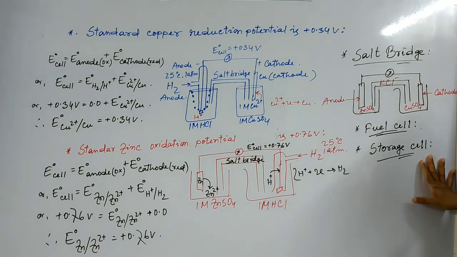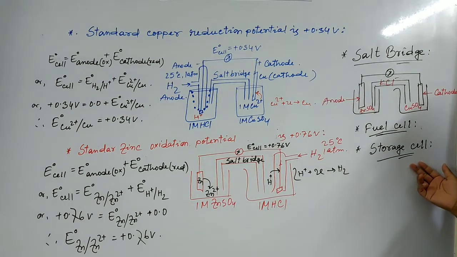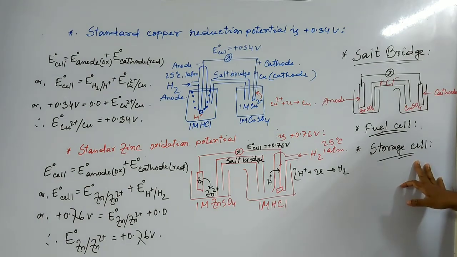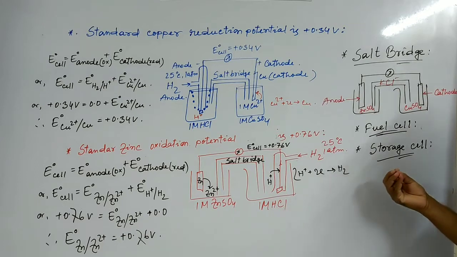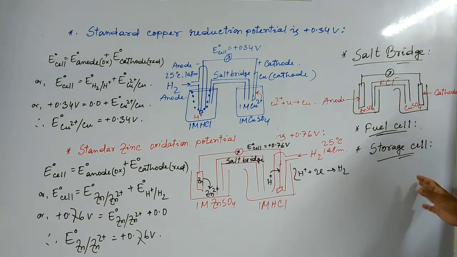Or we use a lithium ion battery in our mobile phone. That is also a storage cell. The cell in which chemical energy converts into electric energy during discharging and electrical energy converts into chemical energy during charging is called a storage cell.